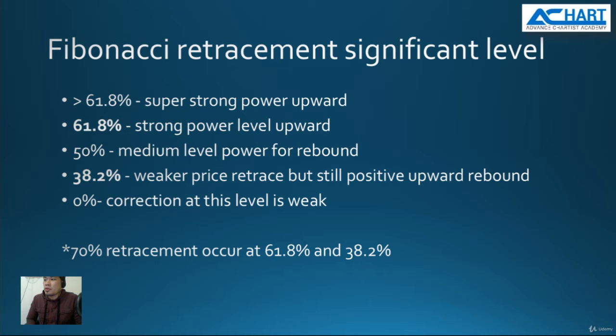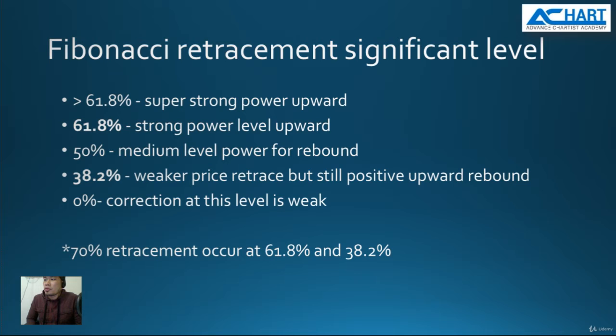We have to know that 70% of retracements occur at 61.8% and 38.2%. For Fibonacci, we have to do it right, and it is very important to get an accurate result. If we wrongly label the distinct high and the distinct low, when we do the projection we might get an inaccurate result. So doing things right, as I will show you later, is very important and crucial.